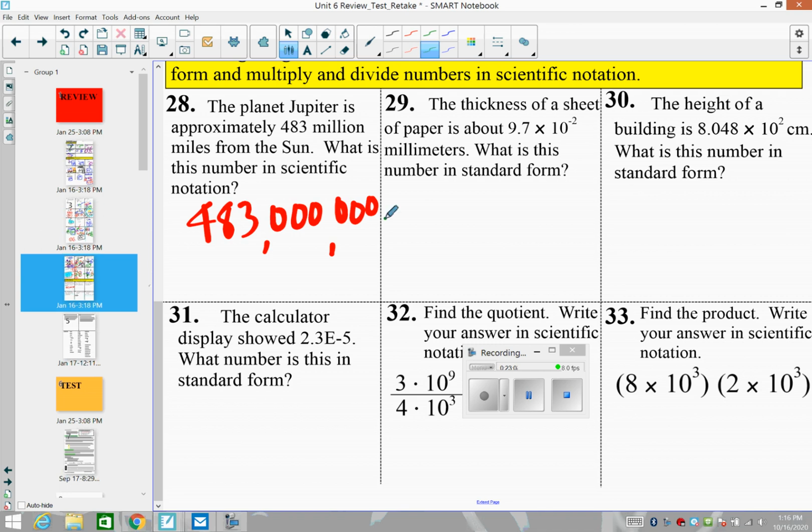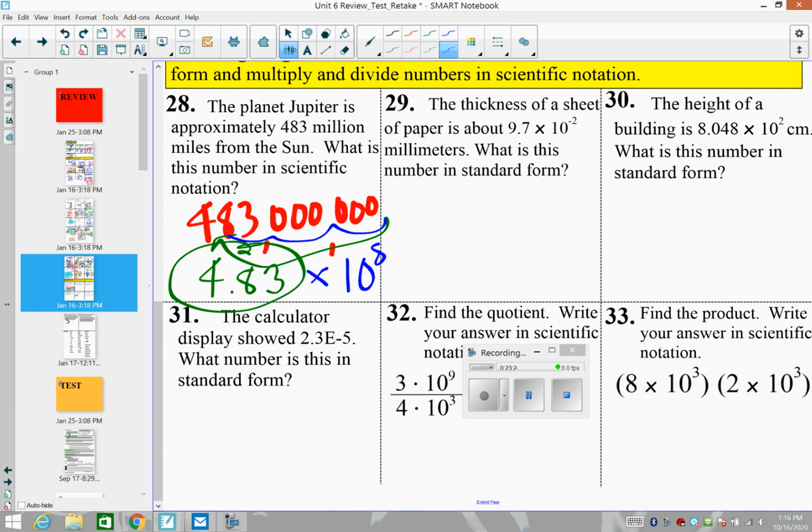So if the decimal is here, we're moving it there, which is 4.83, which fits in the scientific notation bank. Step 1, and then we multiply by a power of 10. How many places did we move it? 1, 2, 3, 4, 5, 6, 7, 8 places. Final answer in scientific notation using the rules of scientific notation: 4.83 times 10 to the 8th. Boom.